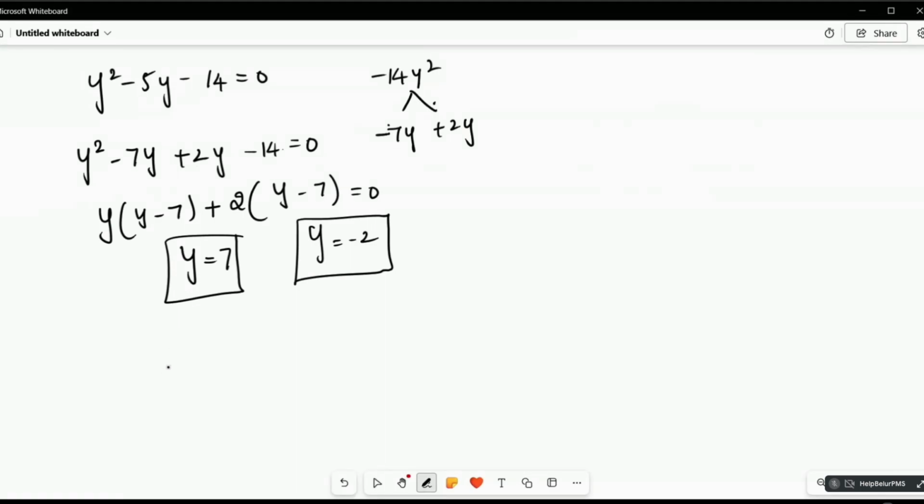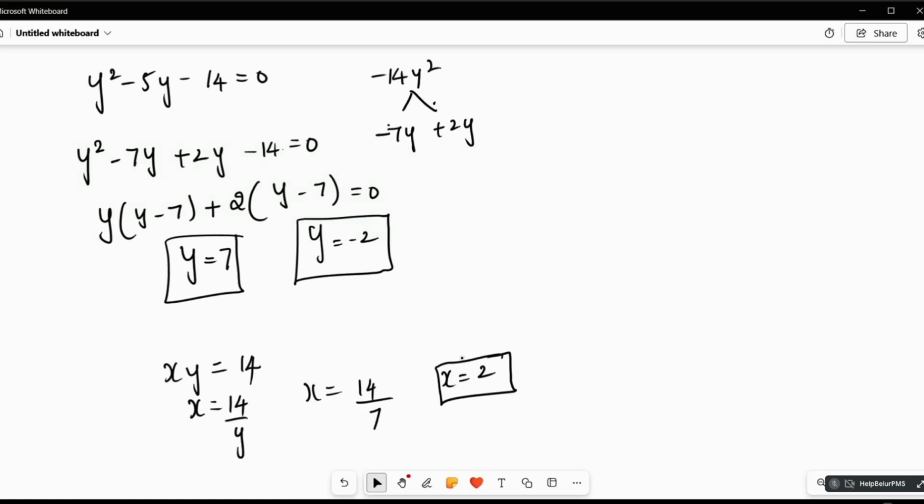And what we have, x into y is equal to 14. So x is equal to 14 by y, or x is equal to 14 by 7, x is equal to 2. Negative, they have not told it as a negative number, right? So always take the positive number.